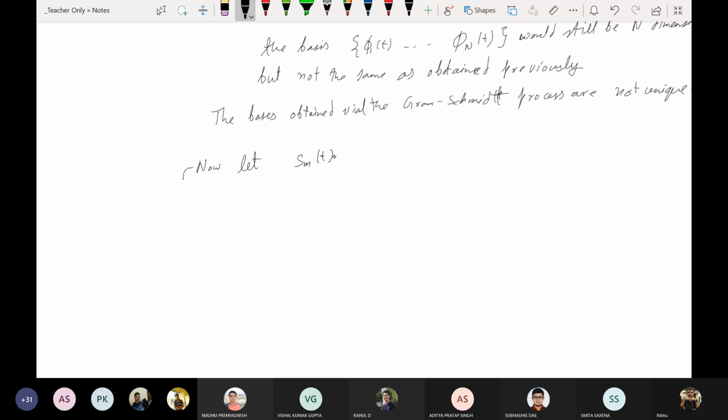Let s(t) equal the real part of s_l(t) e to the power j 2 pi f naught t. So anyone remember low pass equivalents from previous semester?